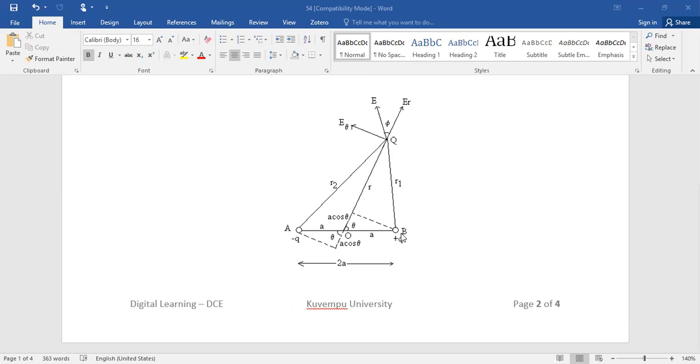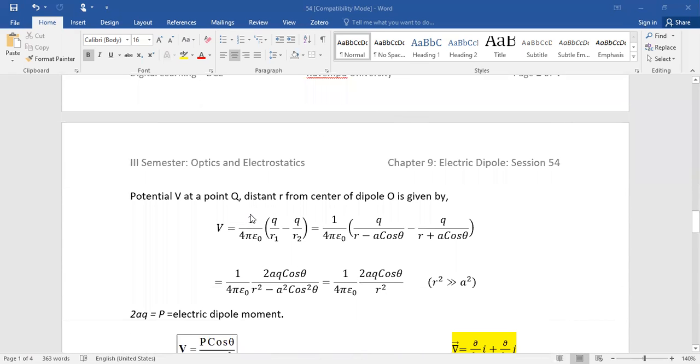Plus Q is at a distance R1 from Q. Therefore, the potential due to plus Q at Q is 1 by 4 pi epsilon naught times Q by R1. Similarly, the potential due to minus Q is 1 by 4 pi epsilon naught times minus Q by R2. There are two potentials, and when we add them, we get this expression.